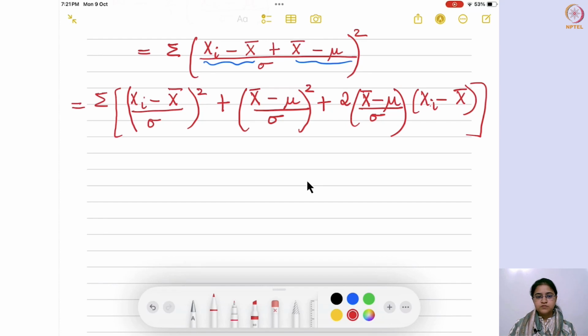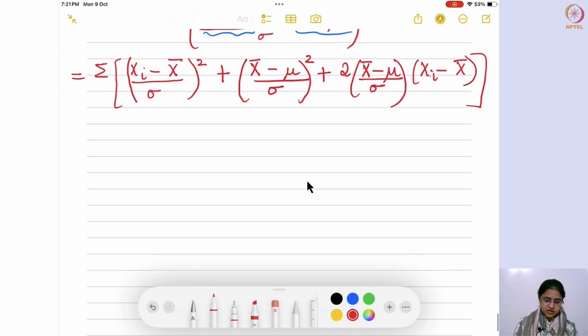Okay, if you take the summation inside, what do you get here?